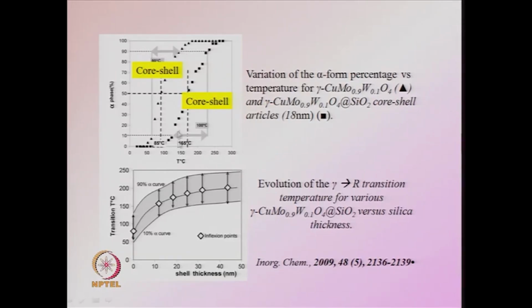If you take this value of the temperature, then you take this curve, and if you take 10%, 10% is here. So, if you take this temperature or this temperature, then you are on this part of the curve. You can take either of them, both of them show that the transition temperature changes as a function of shell thickness.